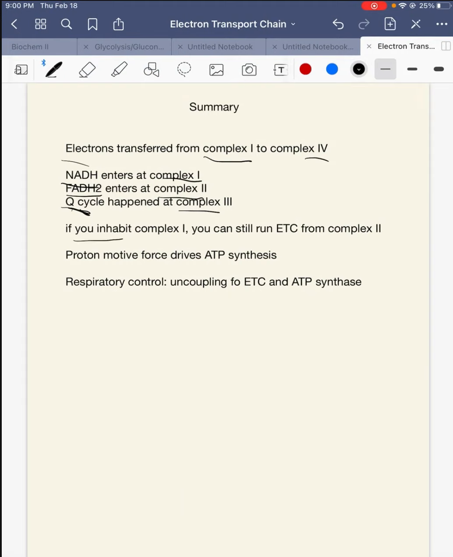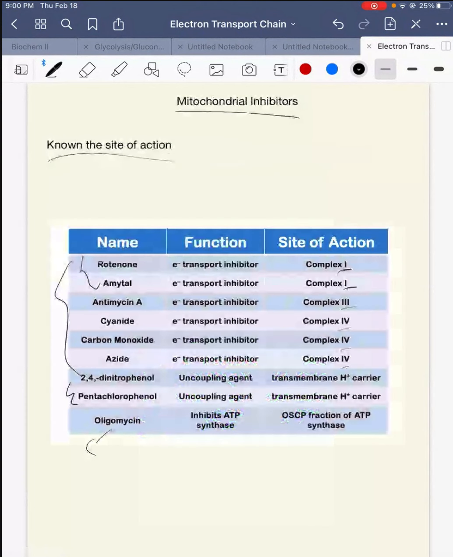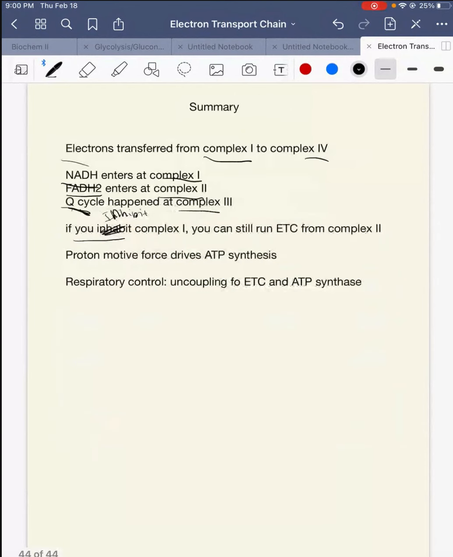Another thing I added: if you inhibit complex 1, you can still run ETC from complex 2. So when we add these two that inhibit complex 1, we can still run the electron transport chain from complex 2.